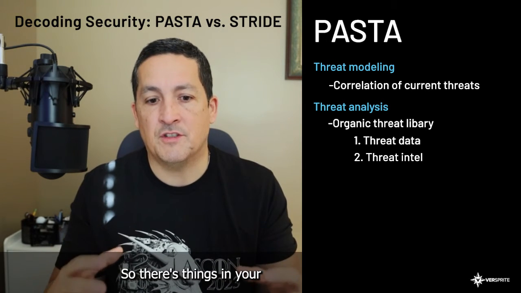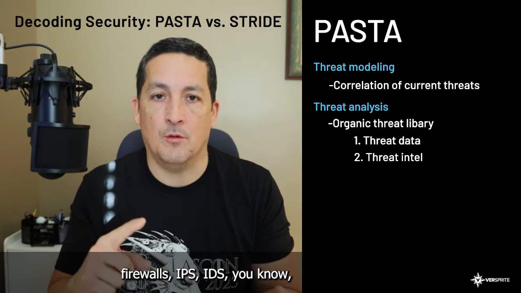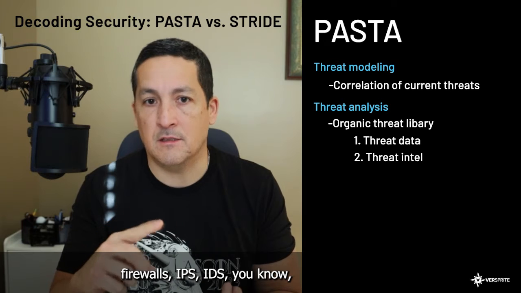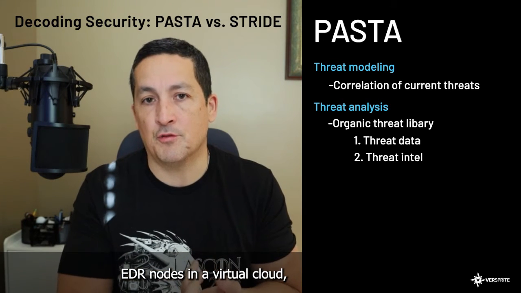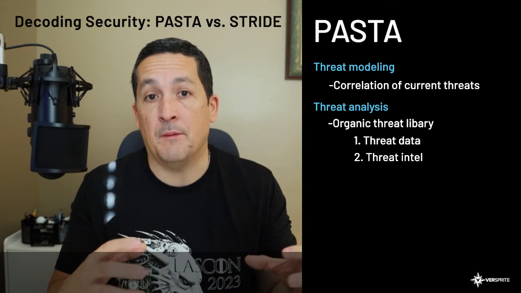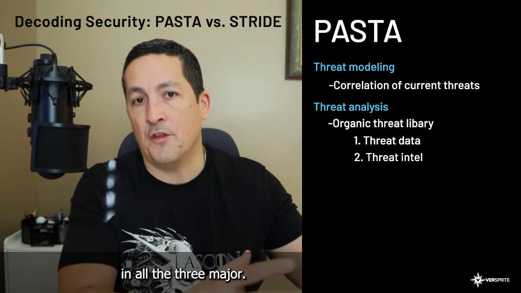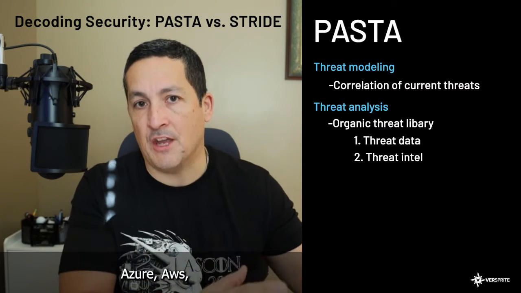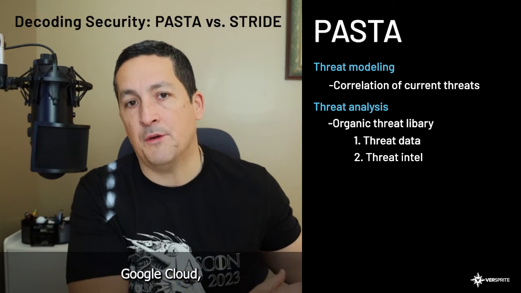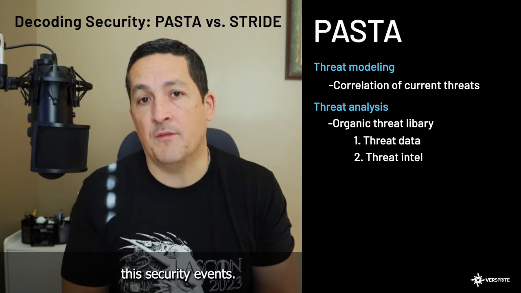So there are things in your application environment like web application firewalls, IPS, IDS, EDR nodes in a virtual cloud environment. There's infrastructure security logging systems in all the 3 major CSPs, right? Azure, AWS, Google Cloud, and they're all receiving security events.